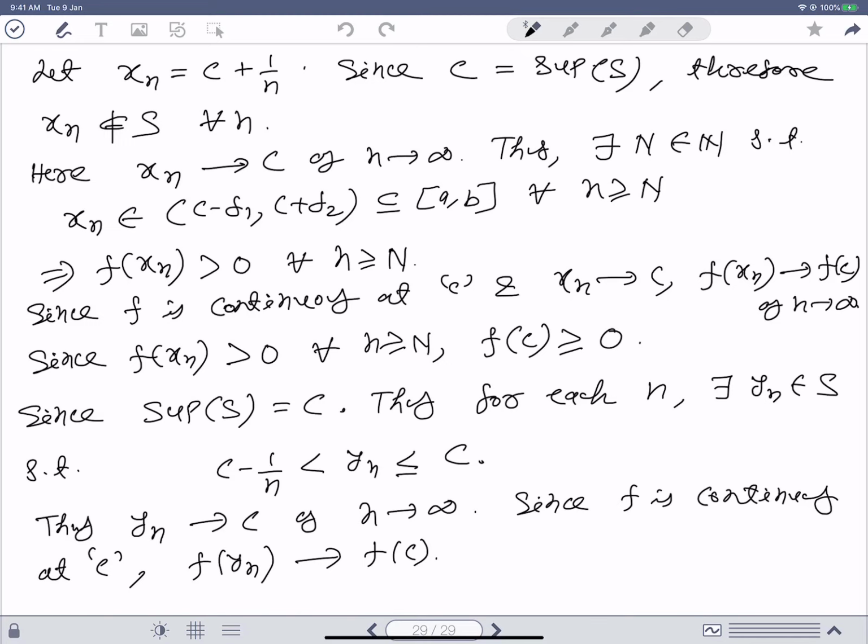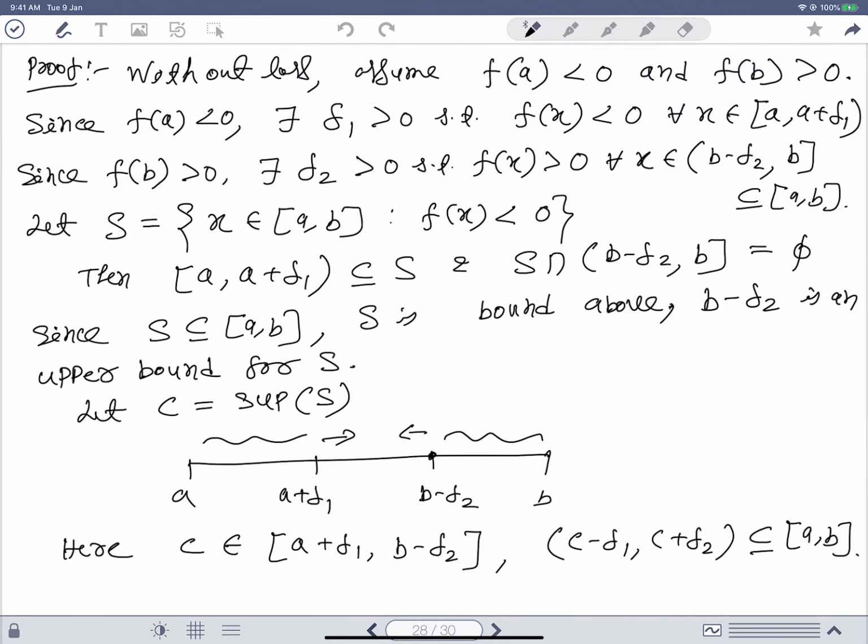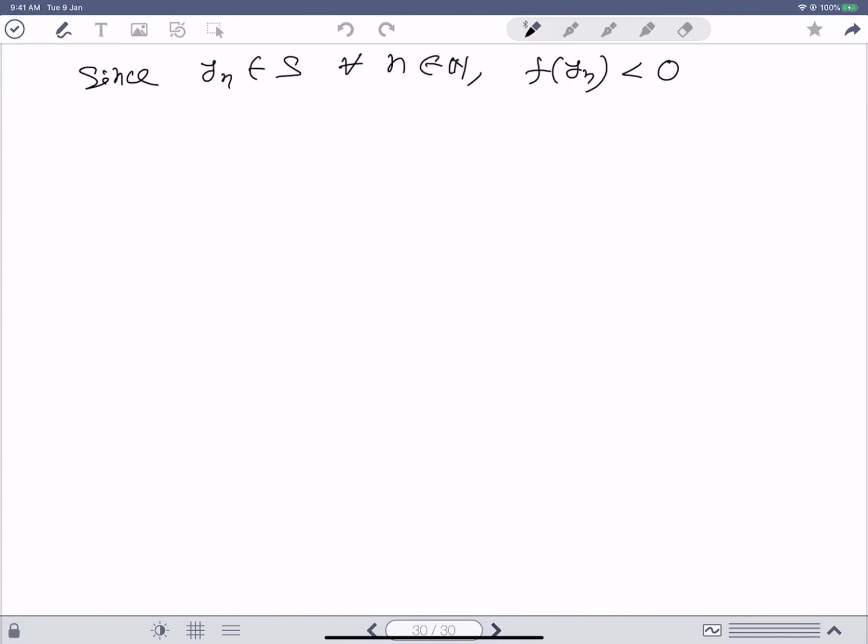Again note that since each yn belongs to S, for all n, therefore f of yn is strictly less than 0. It was the definition of S, right? We have chosen S in this way. So therefore, if we take the limit, since f of yn converges to f of C, f of C is less than or equal to 0.